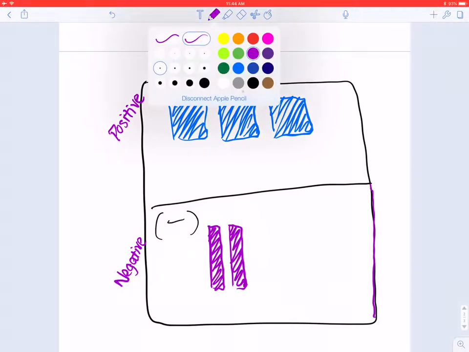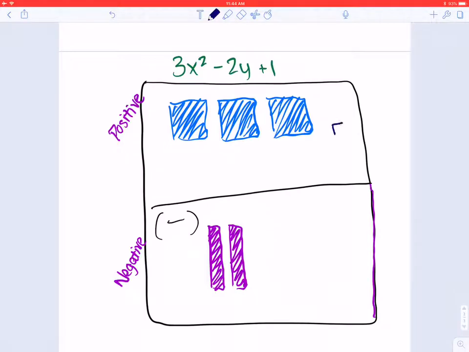And then lastly, we have a positive unit, so the unit goes up here. So that's the second way to express this expression of 3x squared minus 2y plus 1.